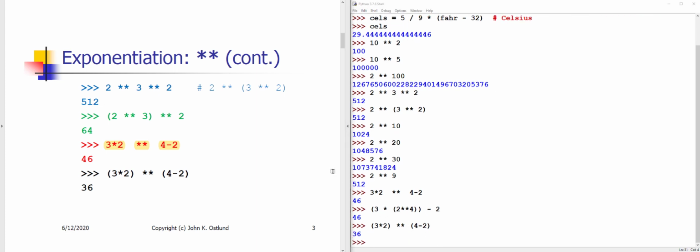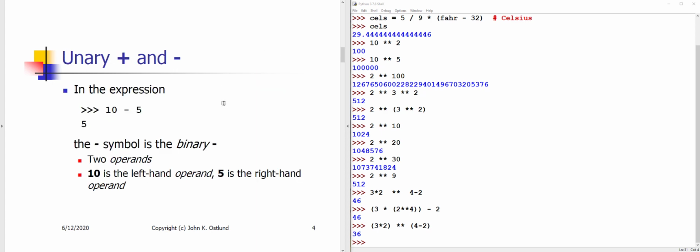Okay, so that's exponentiation. Next up, we're going to take a look at the unary plus and minus operators. Now, when we wrote things like 10 minus 5, this is a binary subtraction operator, binary minus.